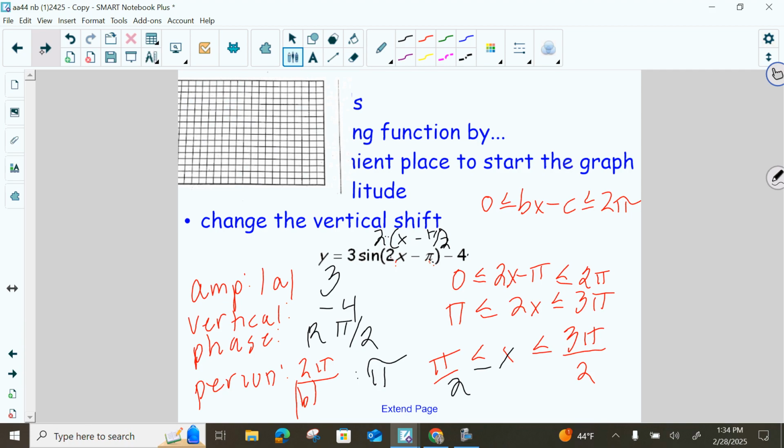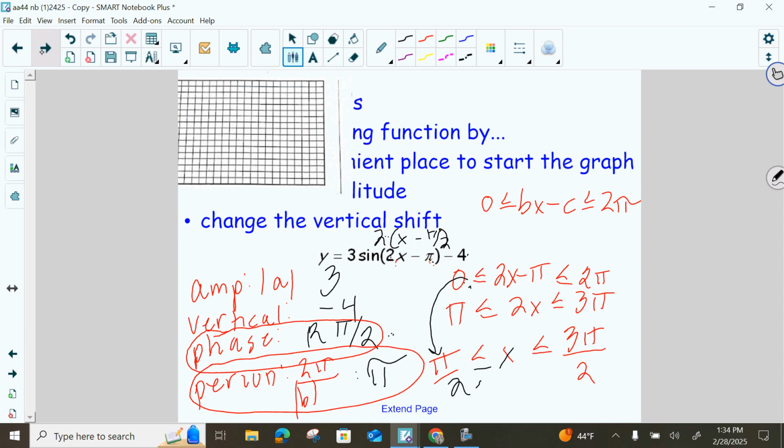Okay? So now let's see. I think I can check these 2 bottom items. All right? So normally it starts at 0. Now it's telling me to start at pi over 2 instead. Well, is that a right pi over 2 change? If I was supposed to start at 0, now I'm starting at pi over 2.